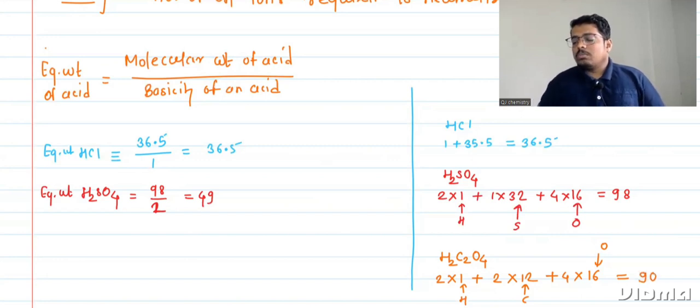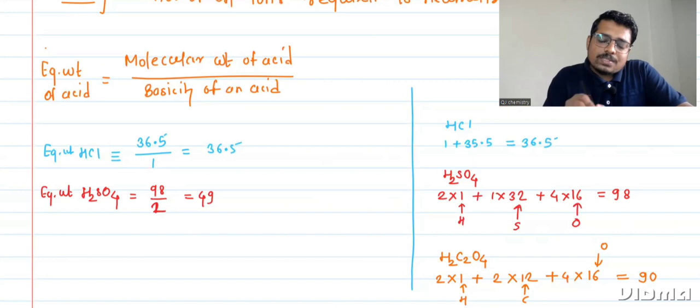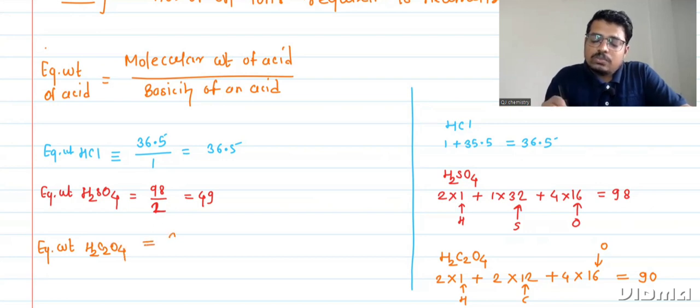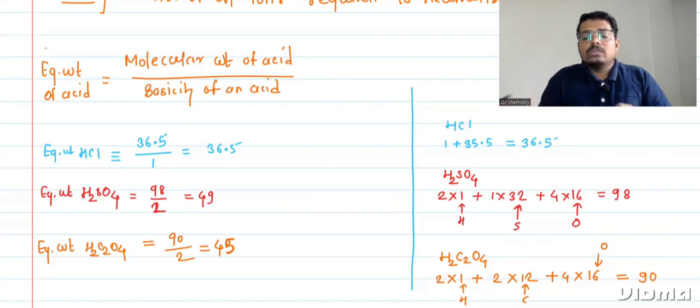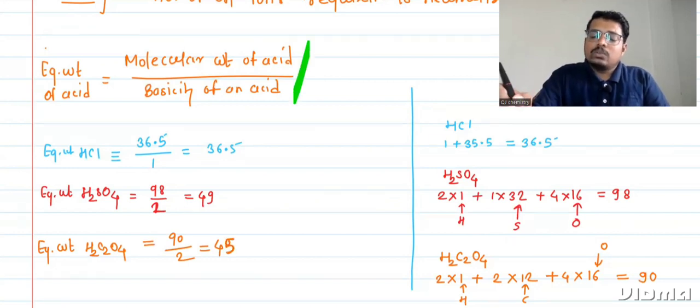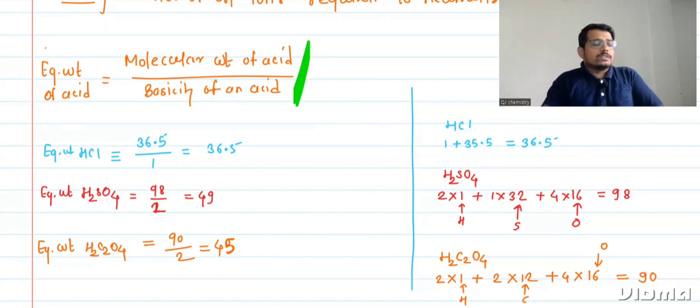So 90 is the molar mass of oxalic acid. Its equivalent weight is 90 divided by 2, since the N factor of oxalic acid is 2. So its equivalent weight is 45. By using this formula, we can easily calculate the equivalent weight of an acid.